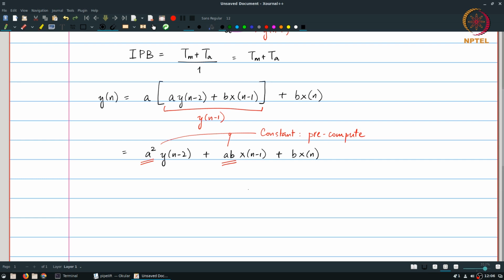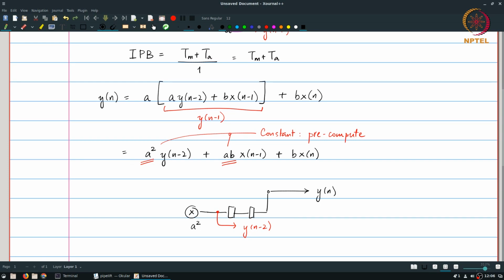Our new architecture looks something like this, with y of n out here. I would now put it through 2 delays in order to get y of n minus 2, and take that value, multiply it directly by a coefficient a square.